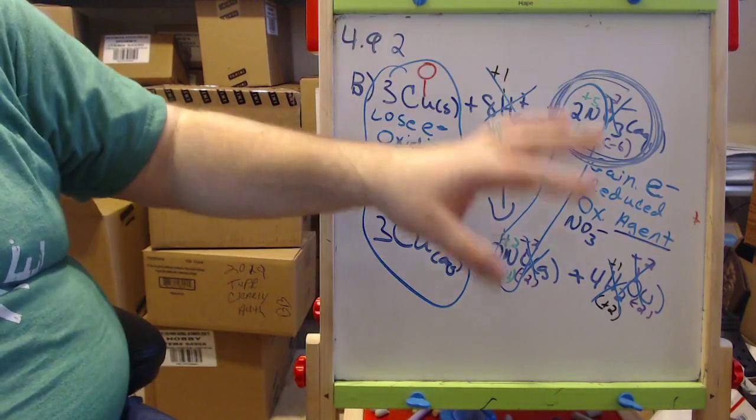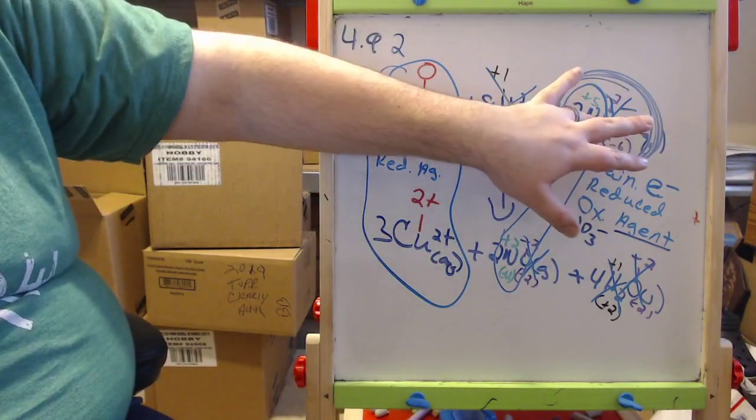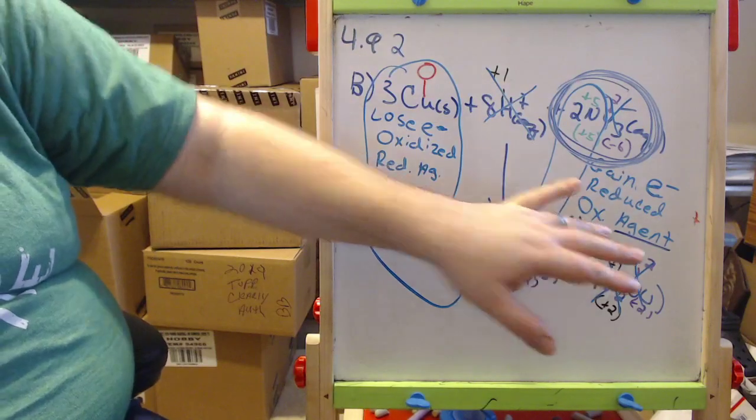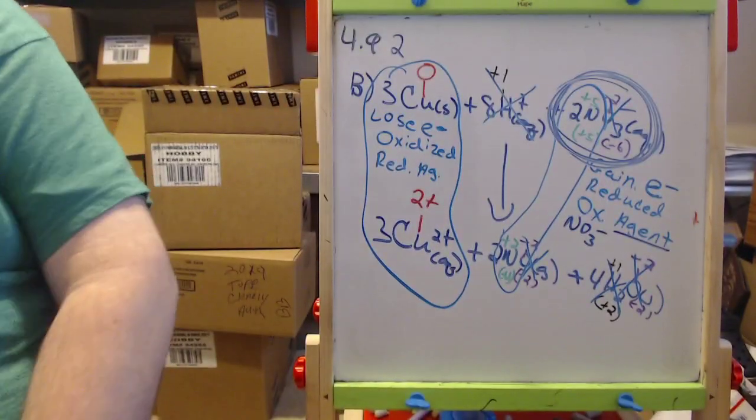If it's asking for the agent, it's where the nitrogen is contained, and that's why they put NO3 minus.